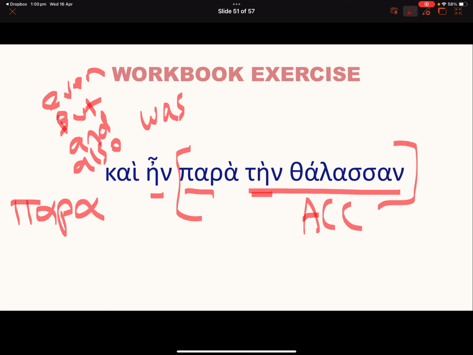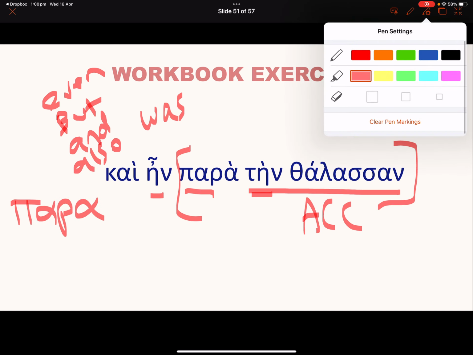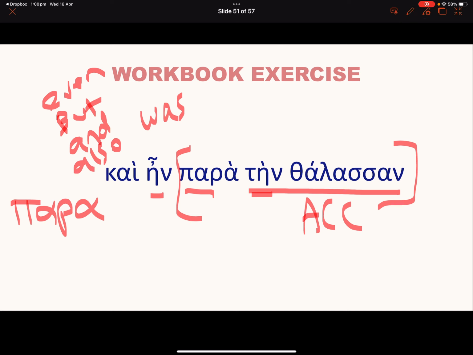Para. When para is followed by the genitive, it means from. I walk in para from my house. Dative, it means with Dan, or with whoever you put in your sentence.